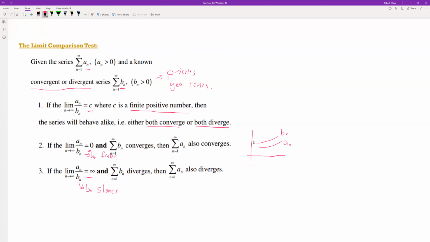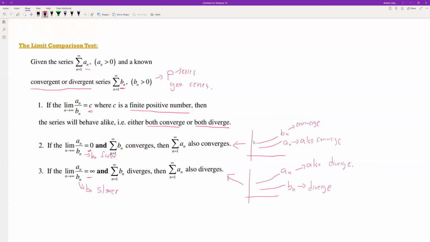Now, bn is going to converge. That means the slower one, an, will also converge, right? On the other hand, in case three, if you have bn, which is slower, and an is faster, if the slower one diverges, then the faster one will also diverge.